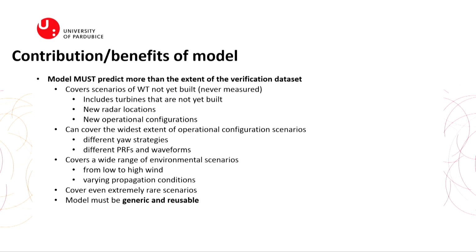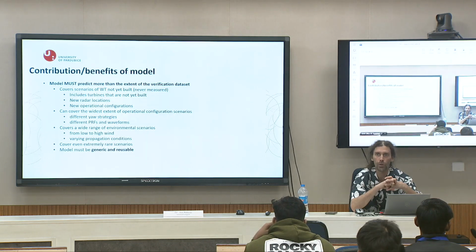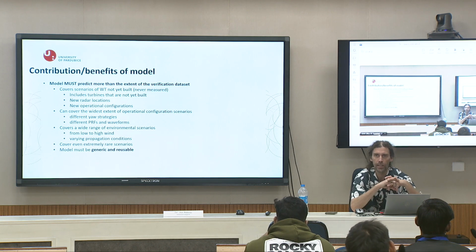What does this mean? You have some bad weather scenario, some really rare big storms, or something like this. So you can do modeling and validate the influence of this rare weather, like a typhoon, I don't know, something like this.